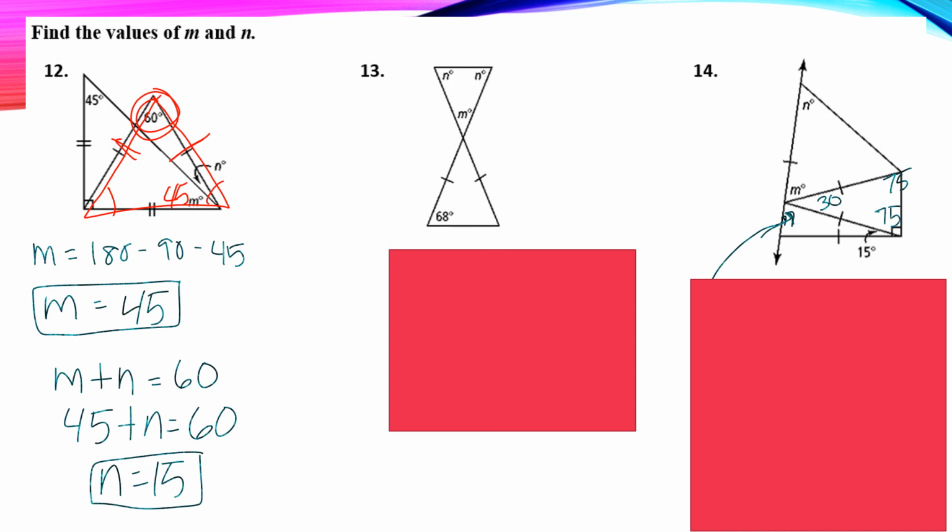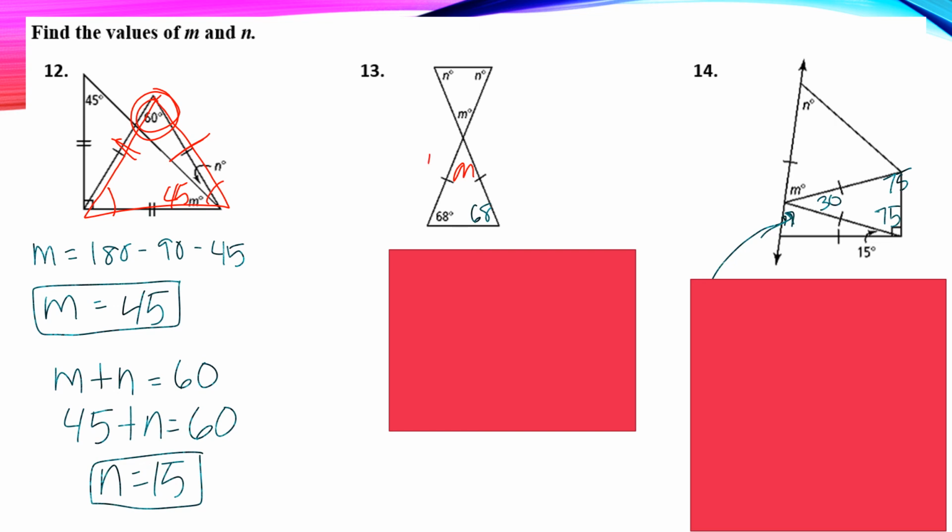For number 13, you can do a couple things here. We know that this is an isosceles triangle, so 68 and 68 have to be on the bottom. Then you can figure out from there that the vertex angle would be 44. But these two are both M because they are vertical angles.